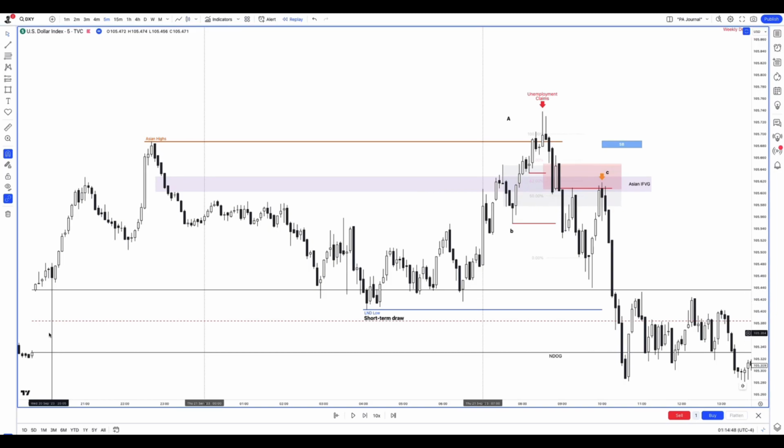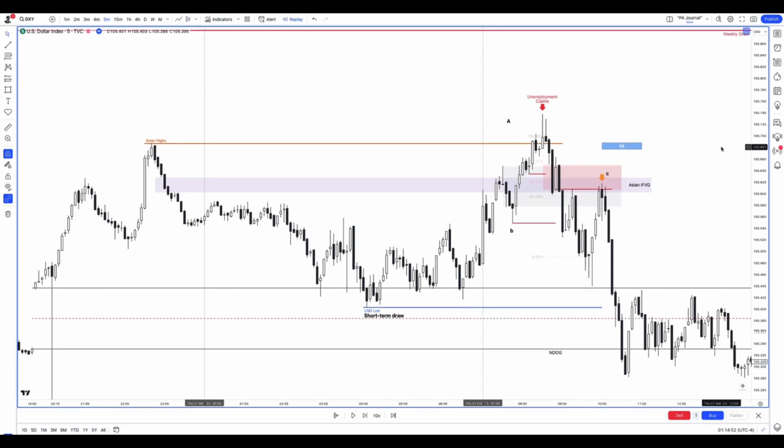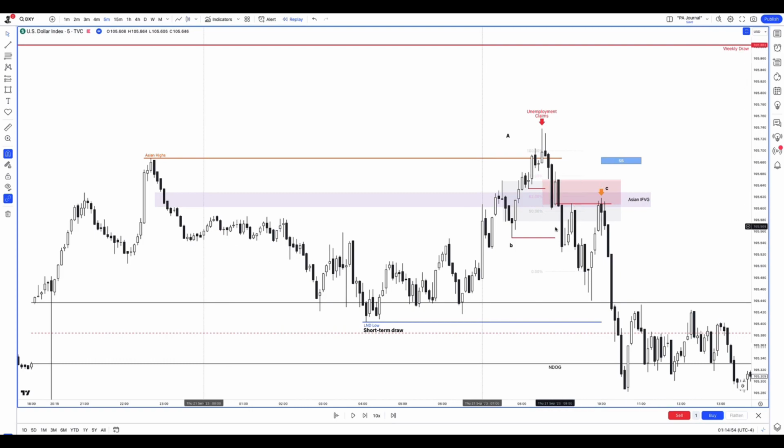And that's how I mitigated my long position, which I wanted to see towards the weekly drawn liquidity. So mitigated that loss, which is a high probability decision, since you want to stick with the trend, you want to stick with the draw for the week.